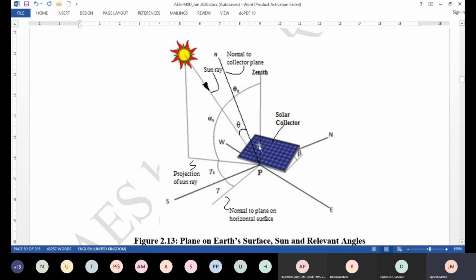Of course, you are talking about a particular day and a particular location, but in general also, particularly in winter, when the collector is made inclined, you get more energy on the plane. Now you know the procedure, so you can play with the numbers.